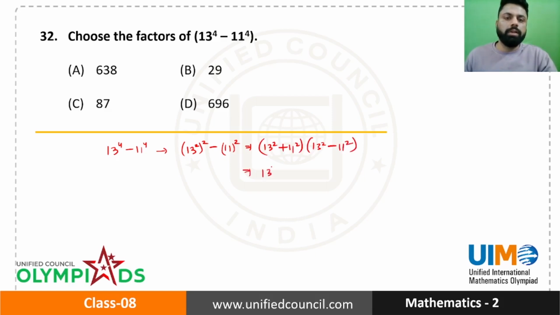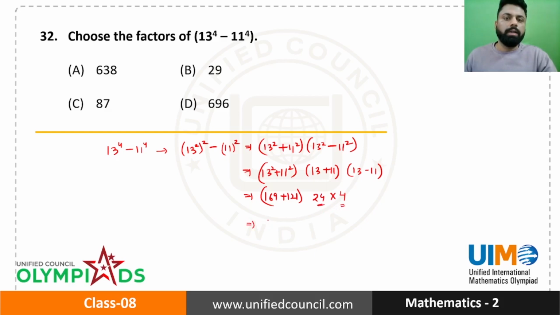That is equal to 13 square plus 11 square as it is, and this is 13 plus 11 and 13 minus 11. So this is equal to 169 plus 121, 24 multiplied by 13 minus 11, that is 4. 13 plus 11 is 24. 24 and 4 are not the factors.